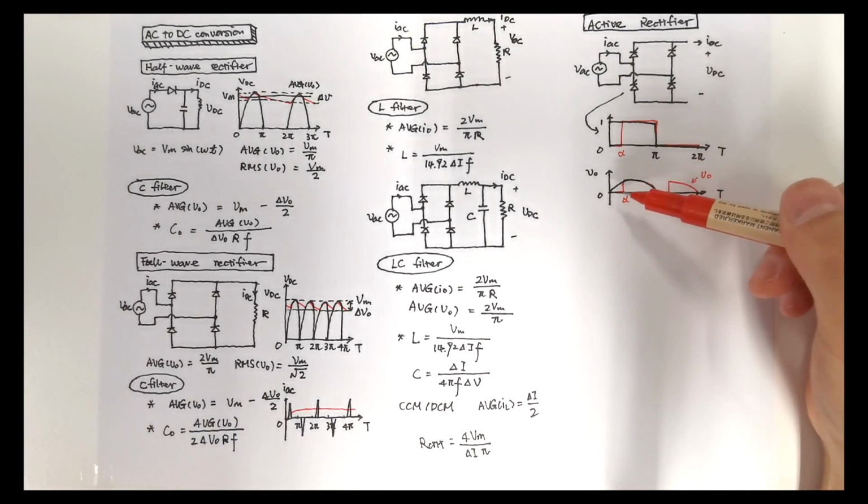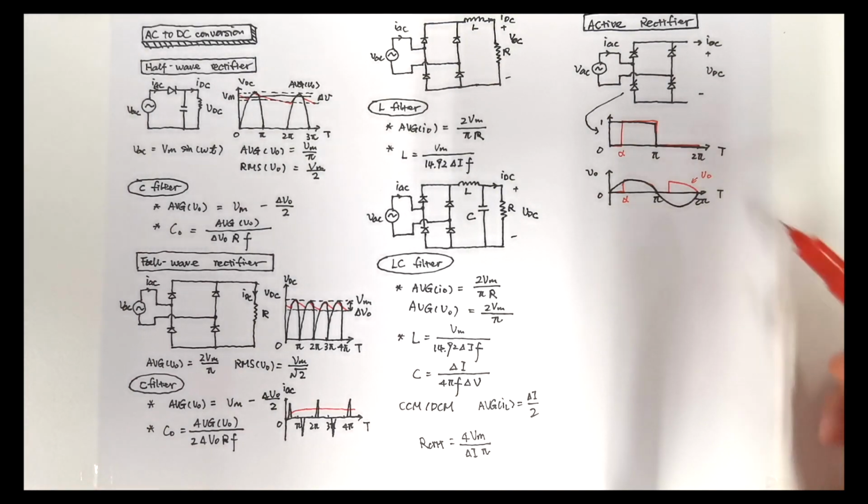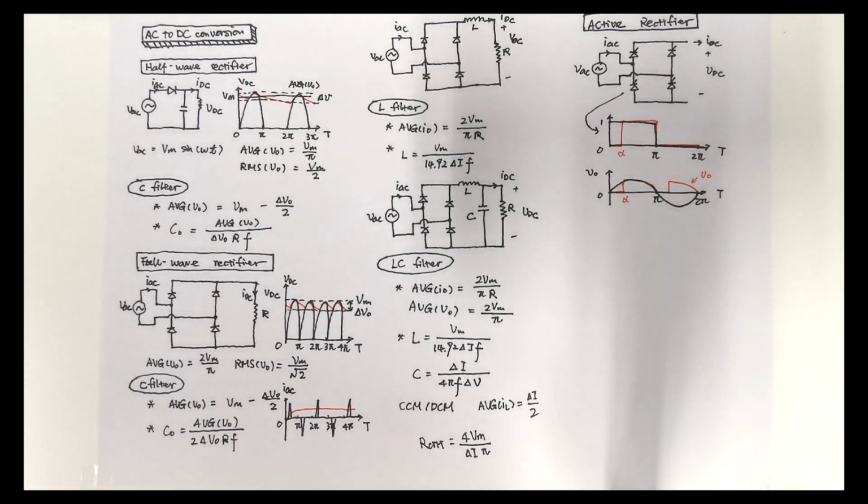Because the waveform is chopped, the average and RMS value of output voltage are related to the alpha value.